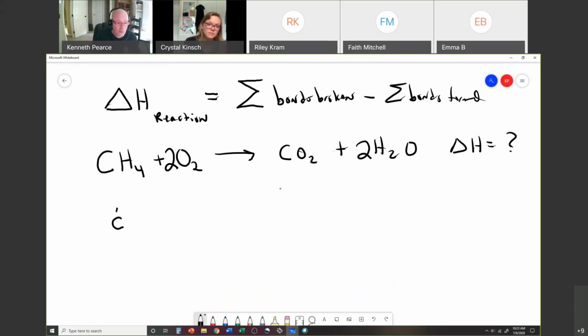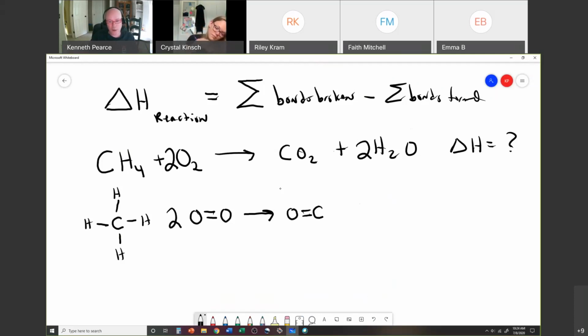Here is a carbon with 4 hydrogens, and they're attached. And then we have 2 of the oxygens, and they look like this. They're double bonded, and I'm leaving off the extra electrons. All I'm interested in right now is just the bonding. And we got 2 oxygens, and then it goes to carbon dioxide, and carbon dioxide looks like this.